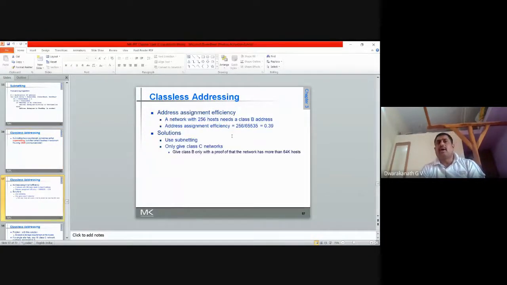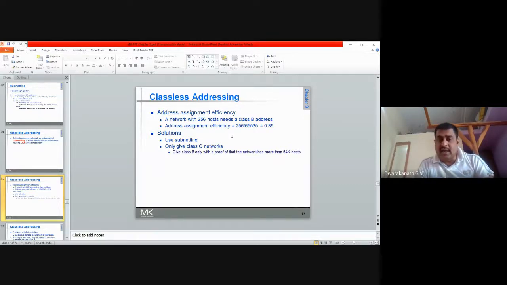Now coming to classless addressing, address assignment efficiency will be there. What do you mean by this? A network with 256 hosts needs a class B address. Usually, if you are not using the subnet concept or the CIDR concept, definitely all the 256 systems in one particular LAN is the maximum you can take, so a class B address is needed.